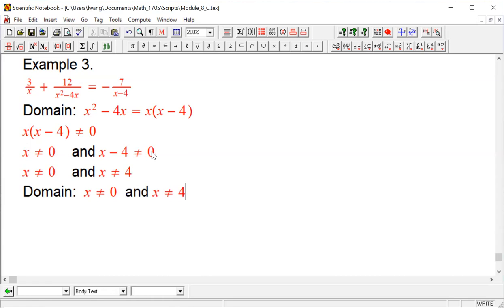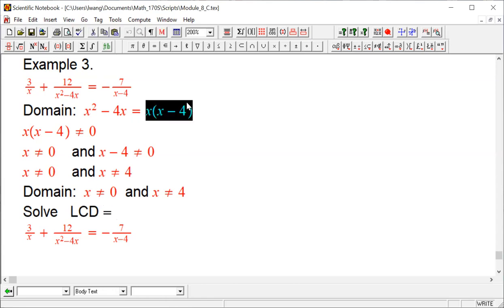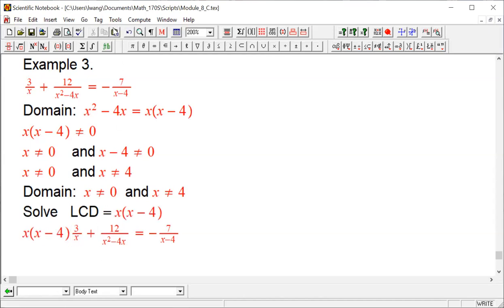So let's solve it. We have already found the common denominator here, right? We take this equation. Okay, so that's our equation. And we are going to multiply every term by the least common denominator, i.e., we multiply that on both sides.